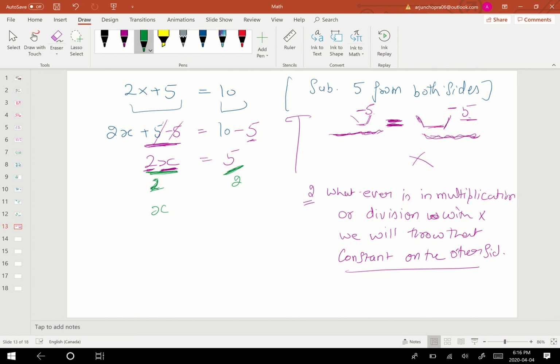So the x value will come out to be 5 over 2. Same thing we've done here. When there was an addition, the opposite of addition is subtraction, so I subtracted 5 on both sides. Here 2 is in multiplication with x, so I divided the equation by 2. Opposite of multiplication is division, so I got the answer x equal to 5 over 2.